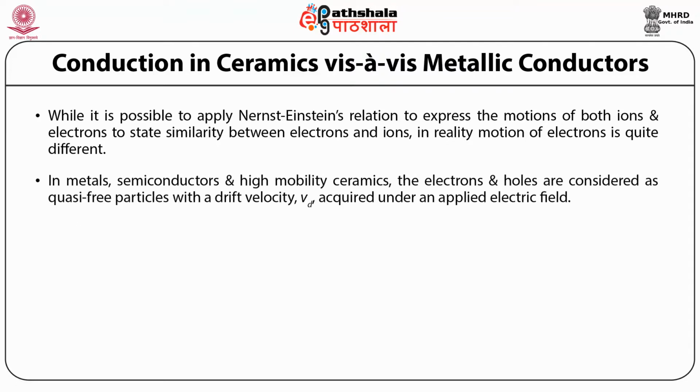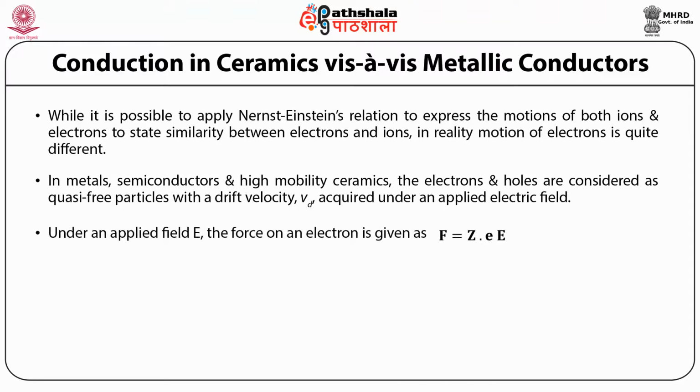In metals and semiconductors and high mobility ceramics, the electrons and holes are considered as quasi-free particles with a drift velocity Vd, which is acquired under an applied electric field. The extent of this drift velocity is governed by various scattering phenomena such as scattering from the lattice.